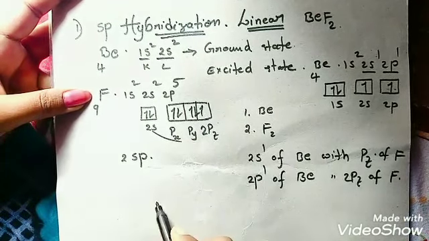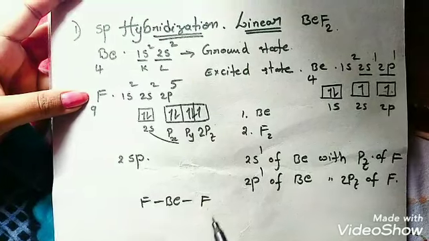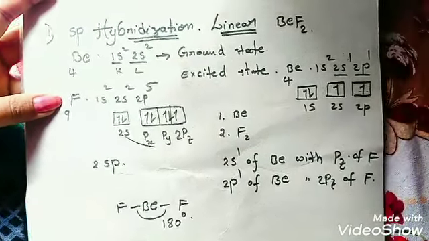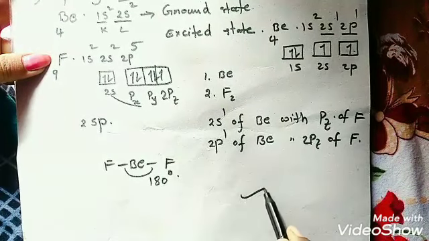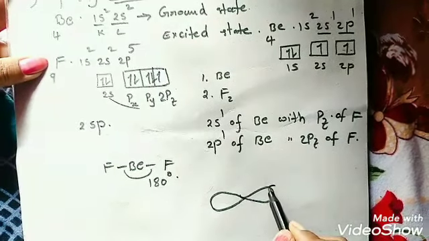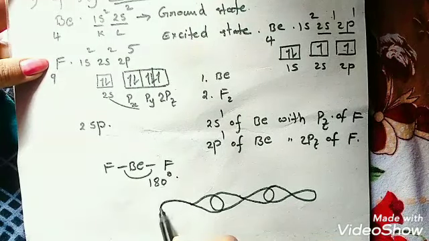So if you see the structure of beryllium, that must be like this students, BeF2, here the bond angle should be 180 degrees, and just I can draw the structure. You can see this linear structure students, linear structure.